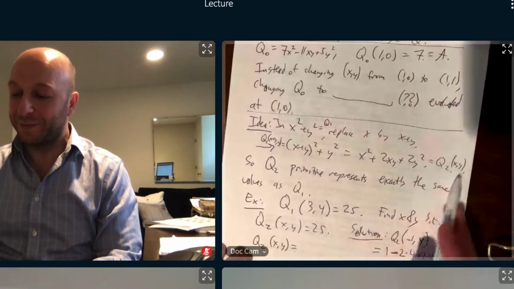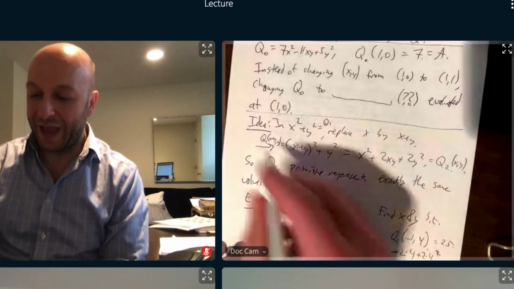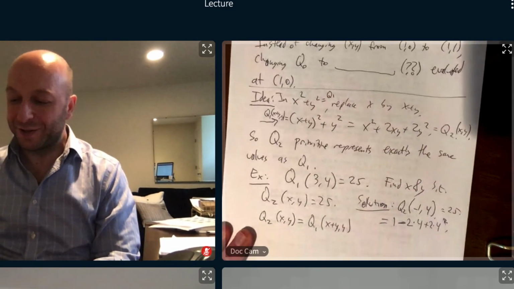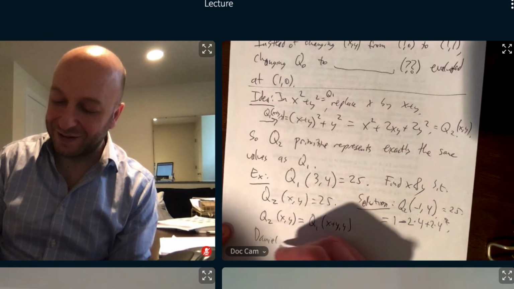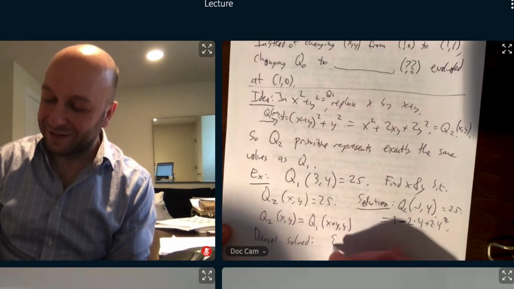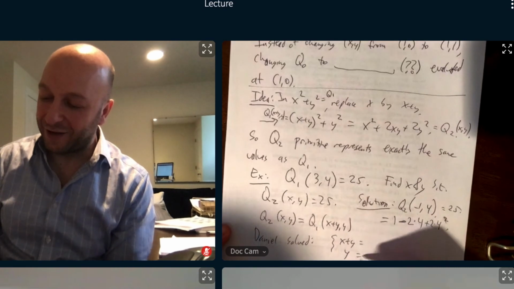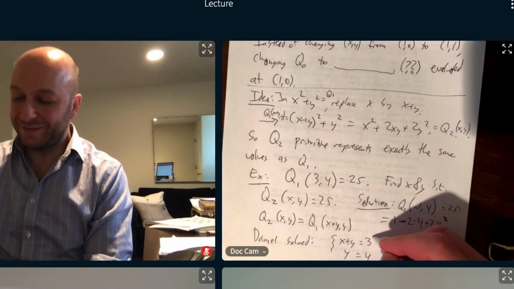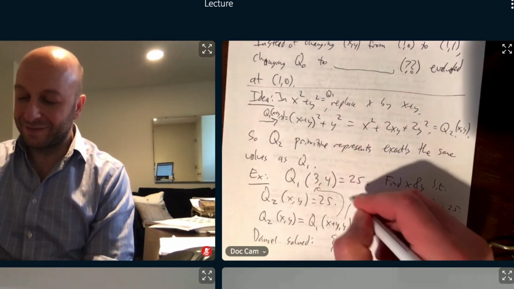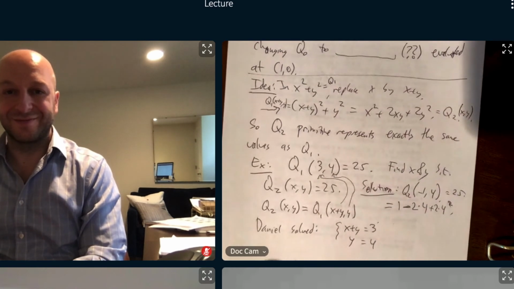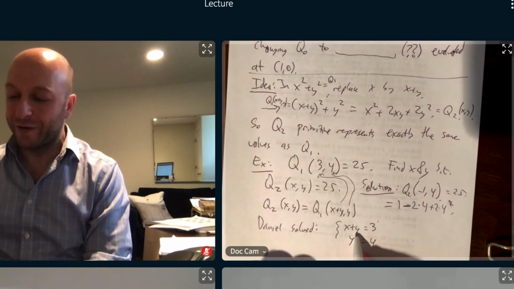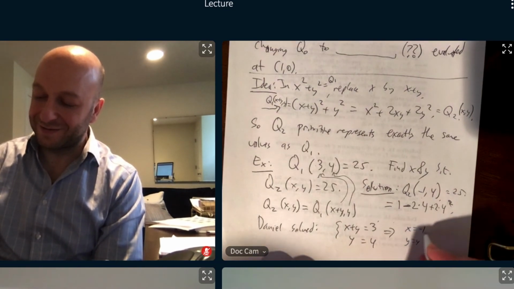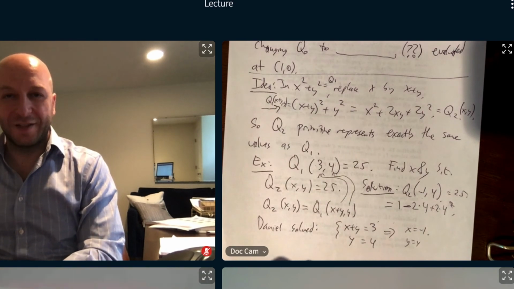So what Daniel solved was the system of equations x plus y is equal to 3 and y equals 4. Well, that means y is equal to 4, and if y is 4, then x is -1. Does everybody see that?